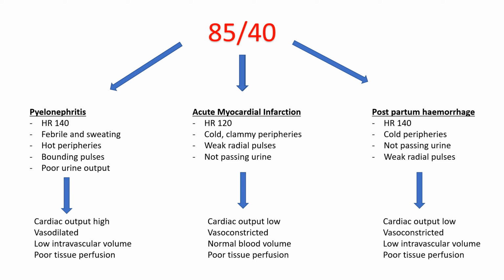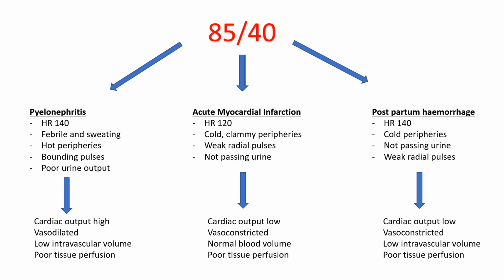Then the patient in the middle, the older patient, is having the acute myocardial infarction with a low blood pressure, tachycardic, but cold, clammy peripheries. In this patient, the cardiac output is likely low because she's having a heart attack. The patient is likely vasoconstricted. We can tell this because the peripheries are cold and clammy.